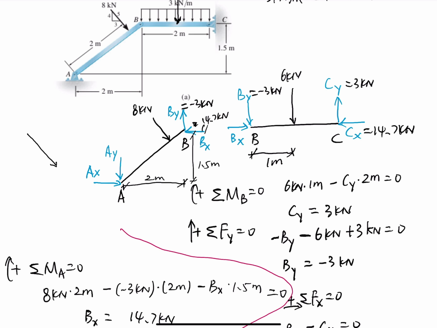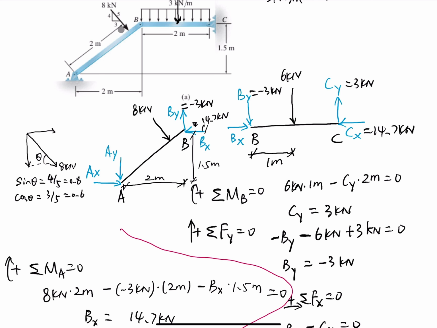This 8 kilonewton has two components, and this is the angle theta. Look at this geometry relationship. We can easily know sine theta is equal to, look at here, 3, 4, 5, so equal to 4 over 5 equal to 0.8. Cosine theta is equal to 3 over 5 equal to 0.6.